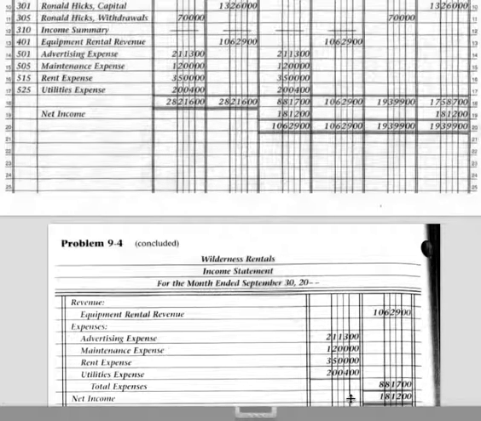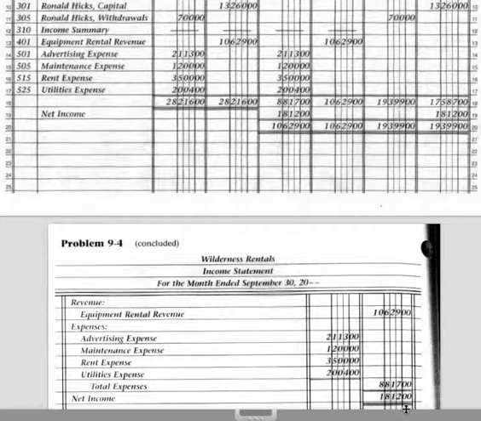So either you have to go back to the worksheet and make sure that net income is correct, or you need to check your figures on this income statement. When you know those two net incomes equal, then you will put a double rule under the $1,812 net income figure. And that just shows that we know that that number, the net income, is correct.